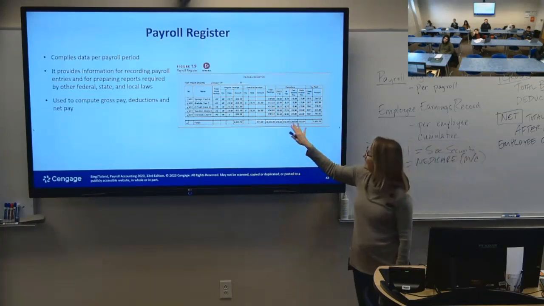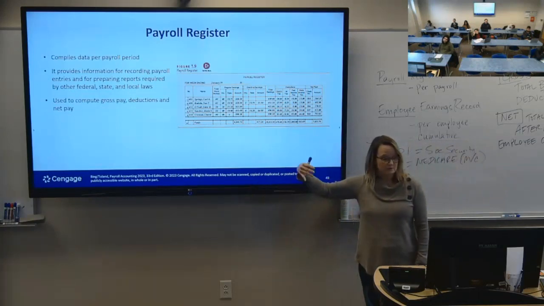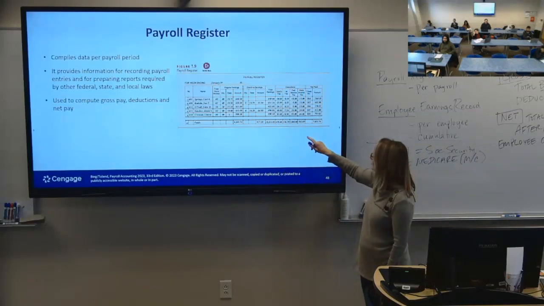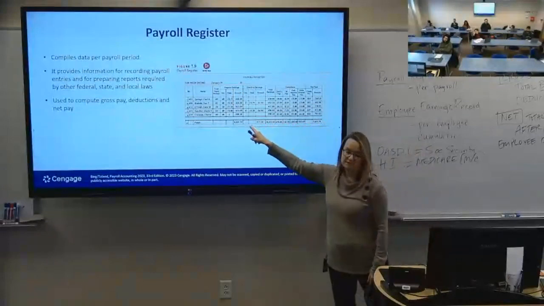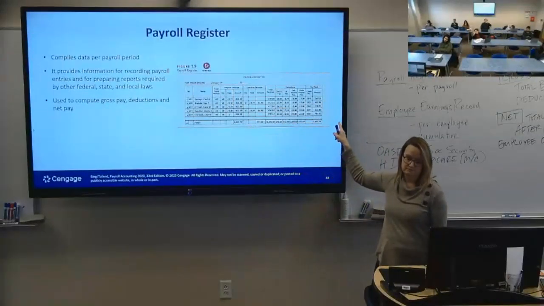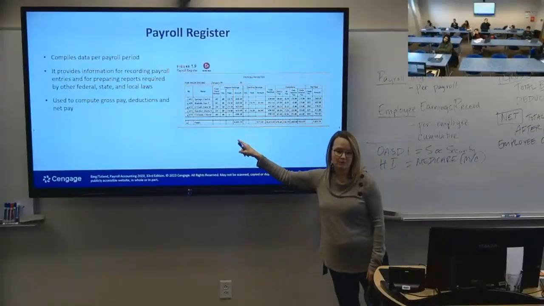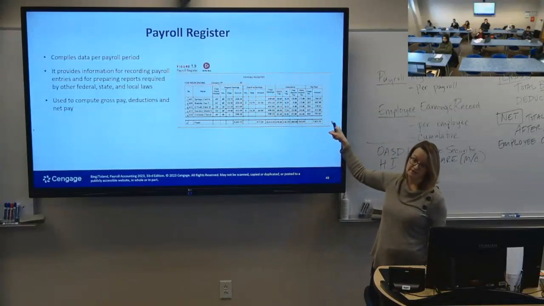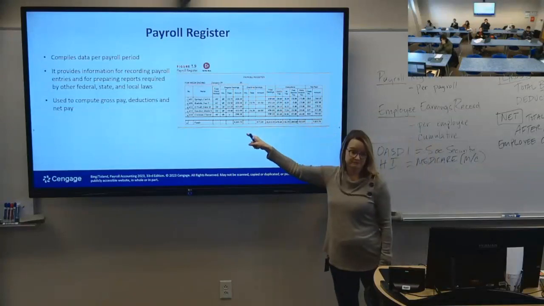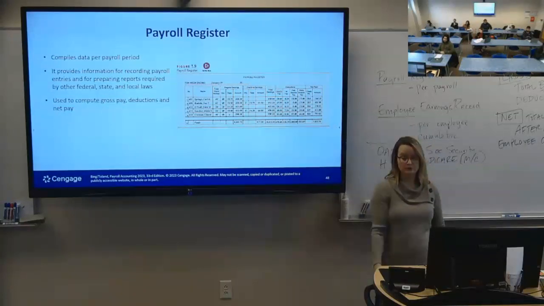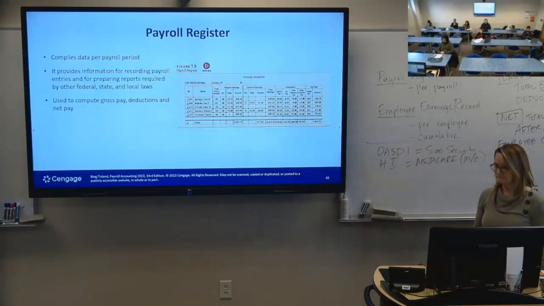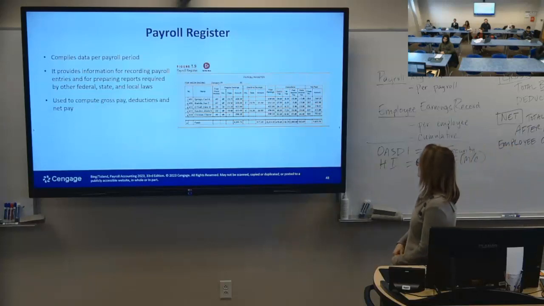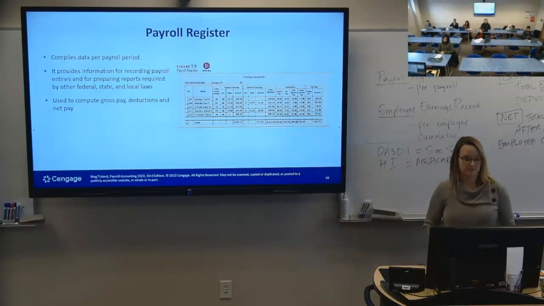And in the final chapter that we cover, we're going to talk about how all of this information fits into the accounting system. Every payroll, the accounting department's going to have to make a journal entry. That information has to be recorded in the accounting system. But that's the last chapter that we're going to cover. Okay? Other questions about the payroll register?